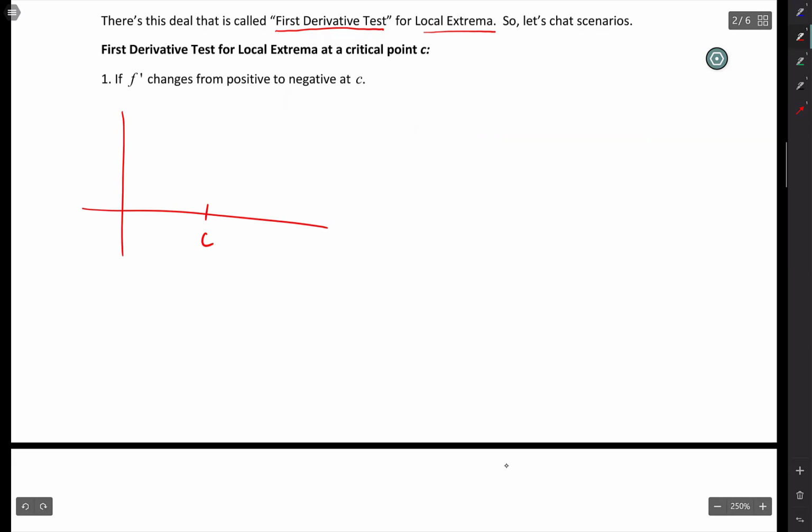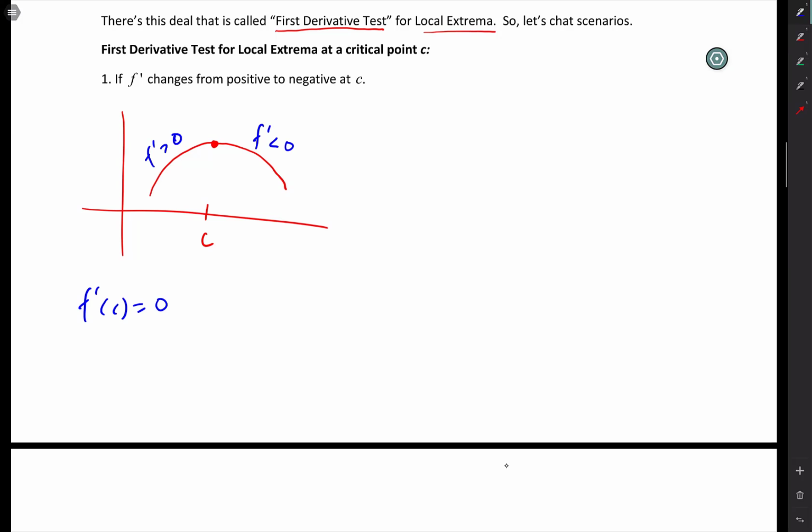I'm gonna call this C, and f prime of C equals 0, changing from positive to negative. So here we go. F prime is positive here. F prime to the right of C is negative, and we call that a max.